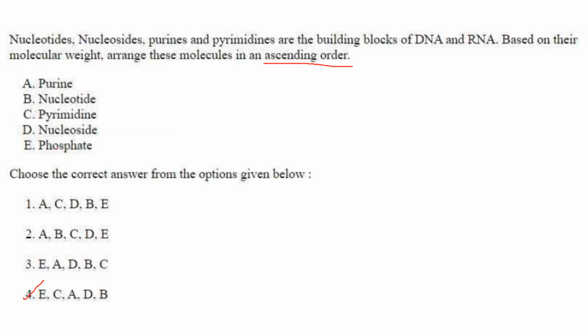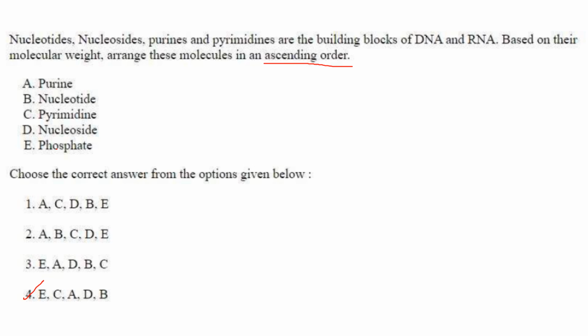Then next one. Nucleotide, nucleoside, purine and pyrimidine are the building blocks of DNA and RNA. Based on their molecular weight, arrange these molecules in ascending order. So first one will be your phosphate, E. Then comes your pyrimidine.